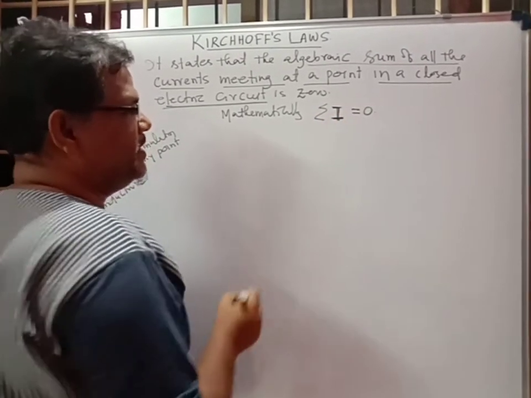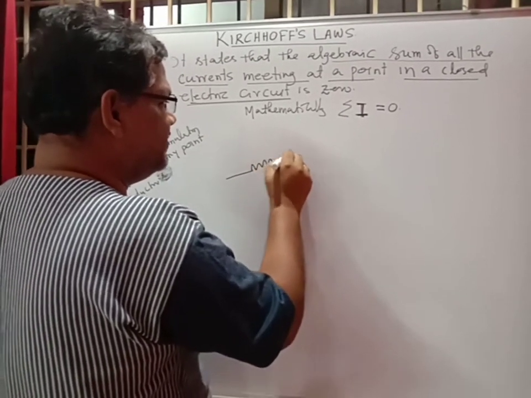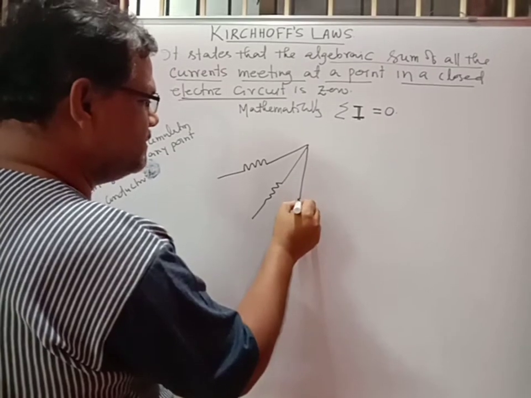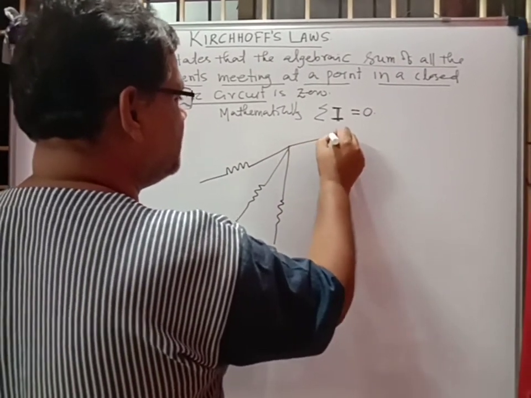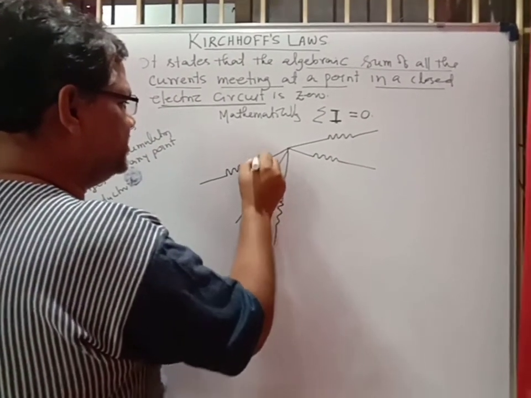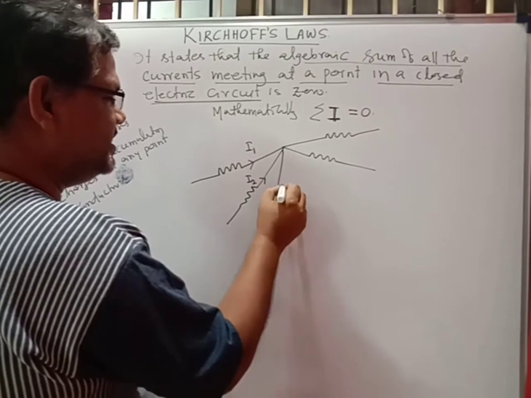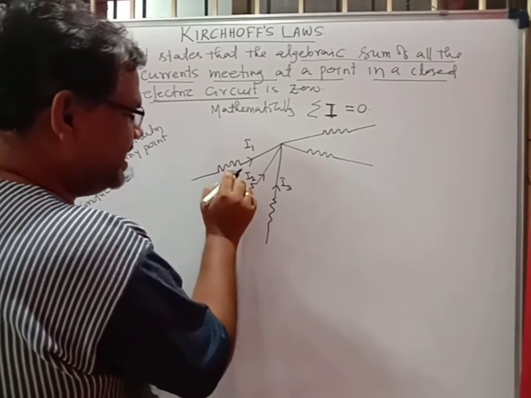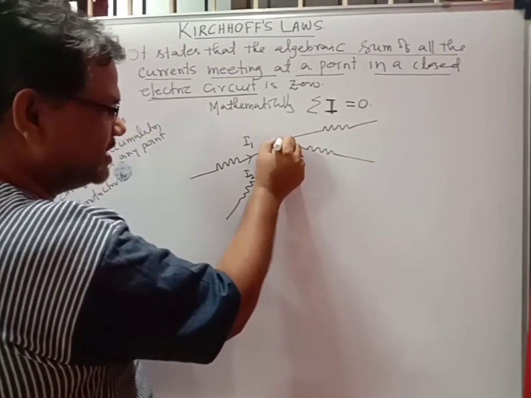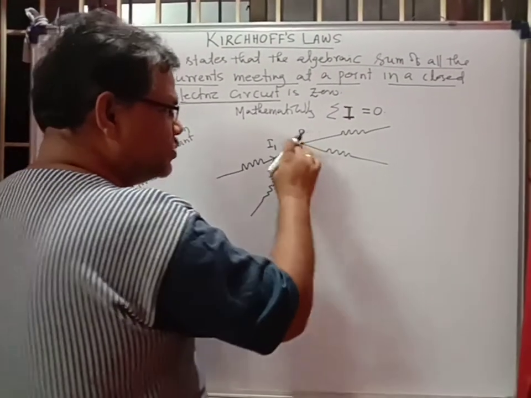For example, suppose currents I1, I2 and I3 are moving towards the junction P, and the currents I4 and I5 are going out from the junction.